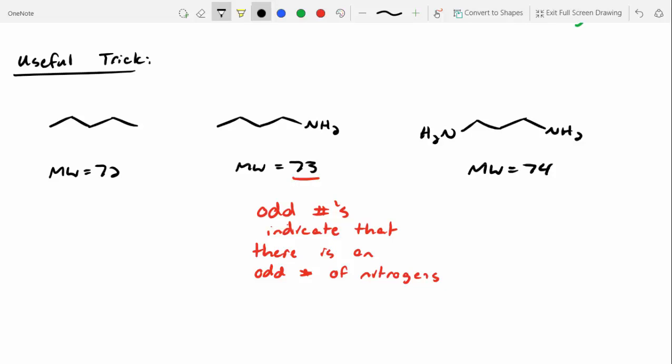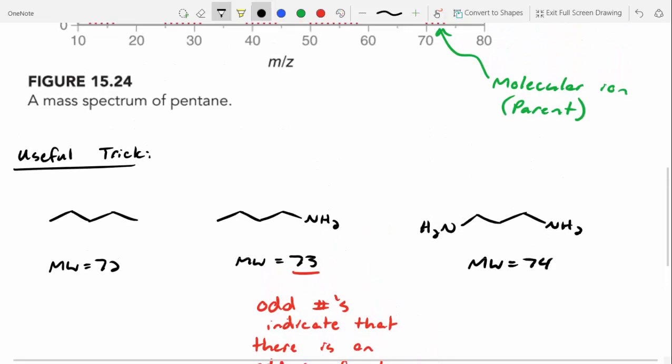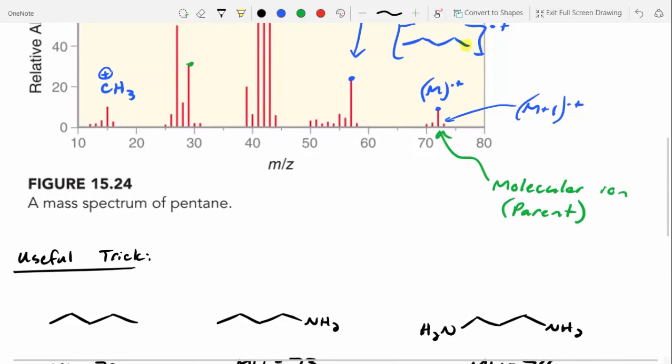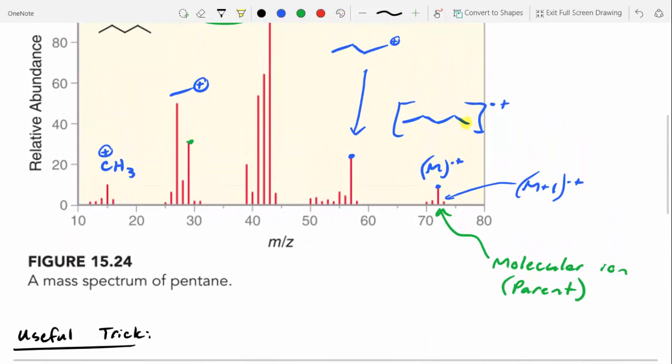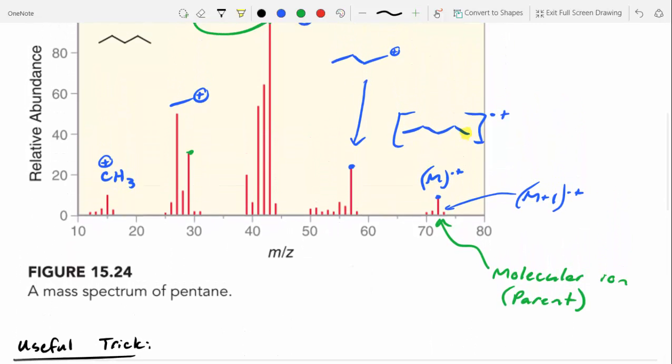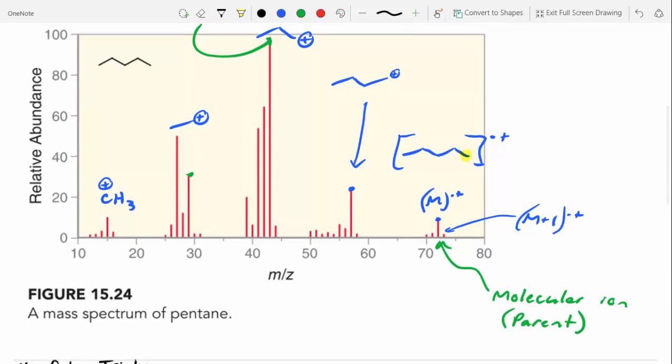Next thing we're going to do is, if we go back up and we look at our peak for pentane, we said that the parent peak is really useful, but we also had this little peak over here. You guys see that? It's right next to that parent peak. It's one heavier. That's called our mass plus 1 peak. This is also very, very important and very, very useful.